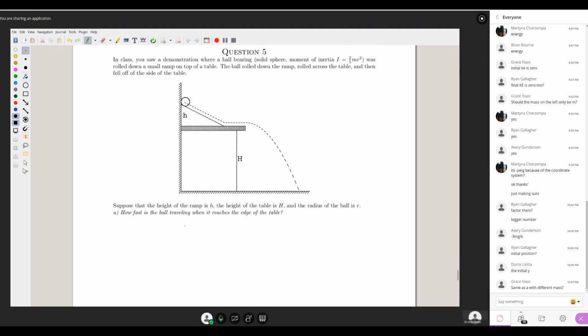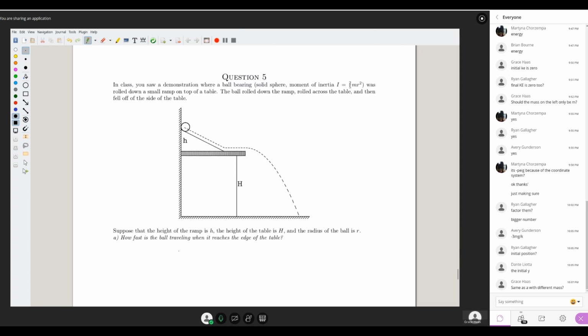We did question 4 in the previous session. Let's talk about question 5. Here we've got a ball bearing rolling down a hill, rolling across the table, going thump on the floor. What I'd like to do is label 3 points here: point A, point B, and point C, and we'll use those as subscripts.